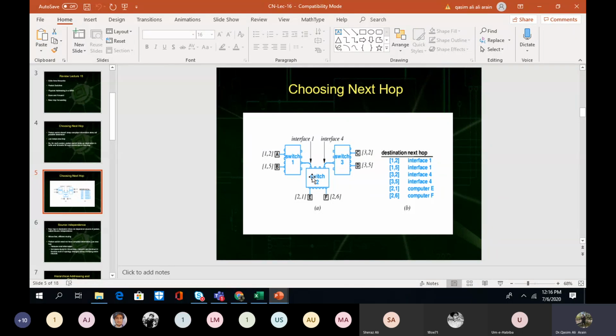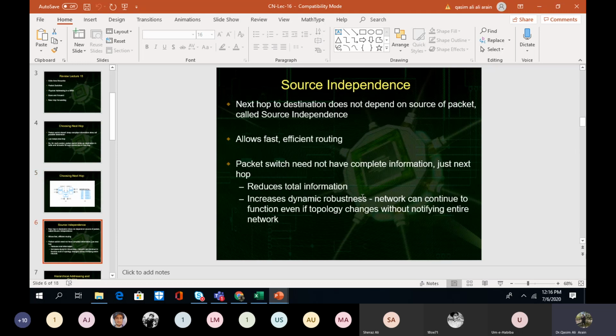Because we are not going out of this particular switch. हमारा जो destination है ना, वो यहीं पे connected है, इसी particular switch के साथ connected है. So we might be saying that our next hop would be computer E, and our next hop would be computer F. For 2,1 it would be E, and for 2,6 it would be F. So actually this is the representation of how you are going to choose your next hop address inside a routing table, right? If anybody has any question, you might ask.